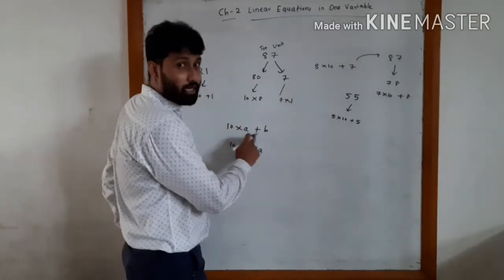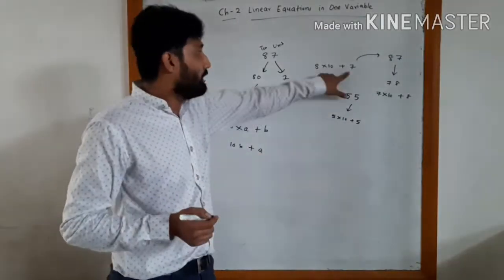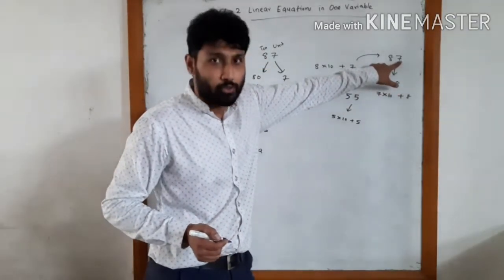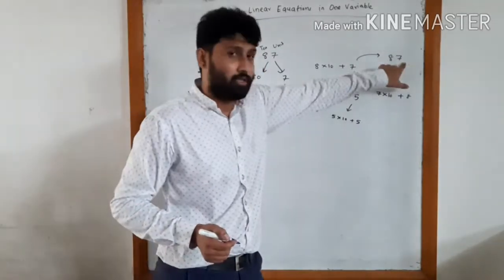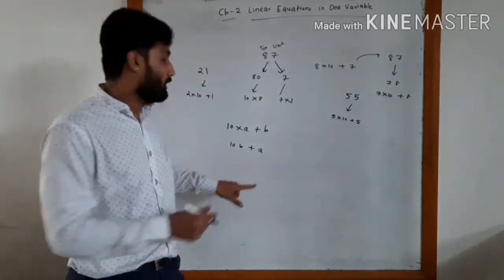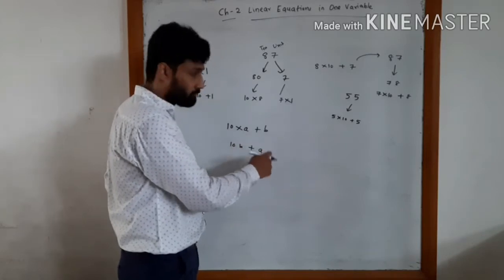So when you have 10A plus B and you interchange the digits, 87 becomes 78. You are changing the place of the units number to tens and the tens number to units. So you are interchanging the digits. You get 10B plus A, B at the place of A and A at the place of B.